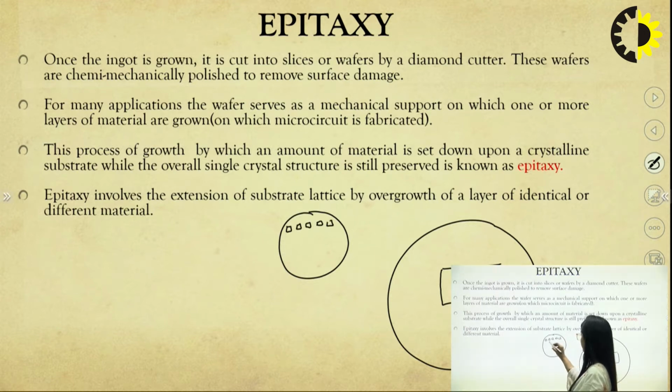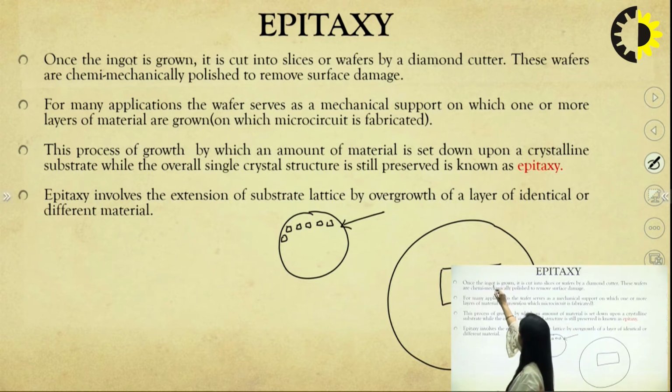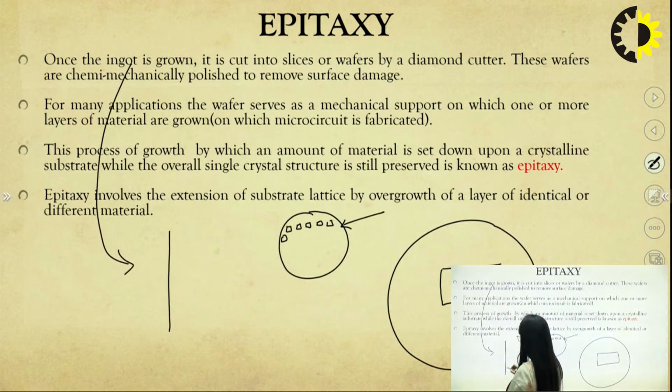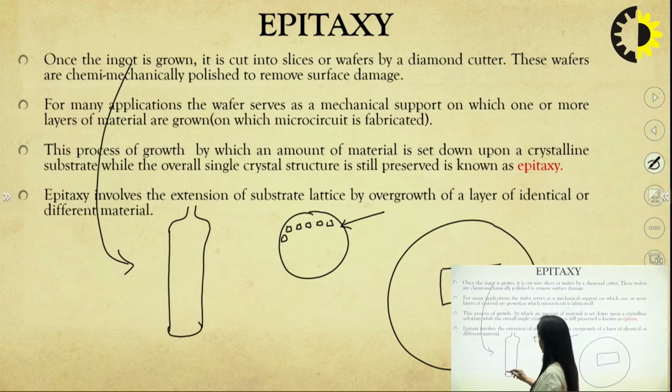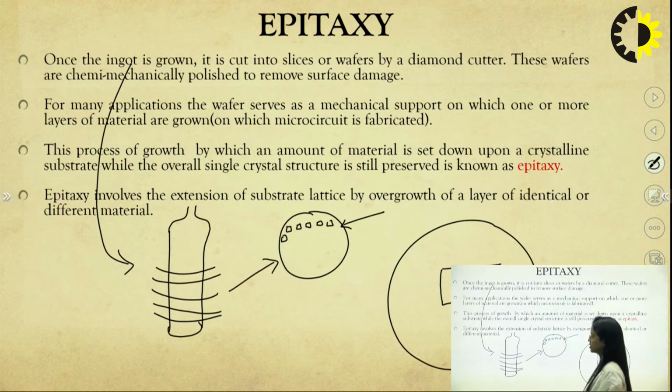So we are talking about this wafer, and there is an ingot. This ingot can be seen like this: this is the shoulder, the neck, and then the ingot, which is sliced using a diamond cutter, and we get a disc-like structure called a wafer.